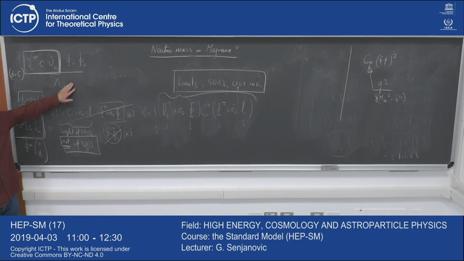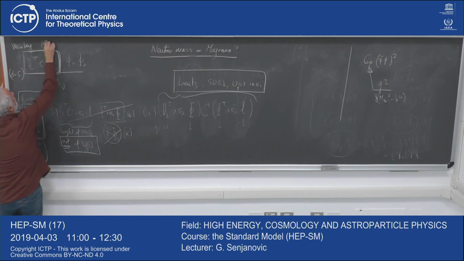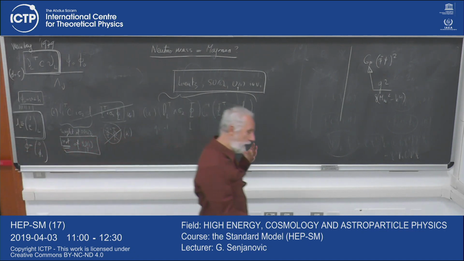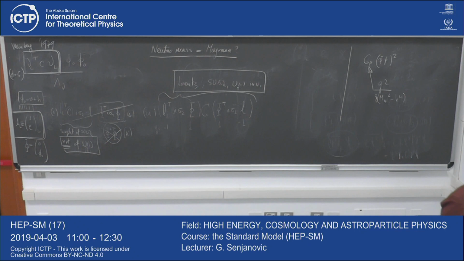So what Weinberg says, yes, I wrote the minimal model some years ago. This is in 1979, okay? Weinberg writes this effective operator. There were different groups of people that arrived at neutrino mass, at the idea of the Majorana neutrino mass, in different manners, okay?